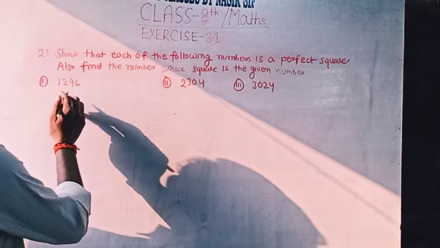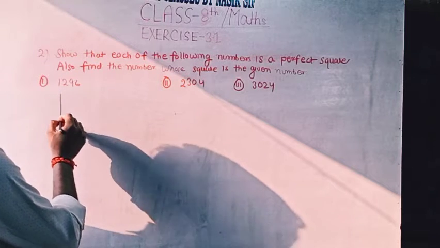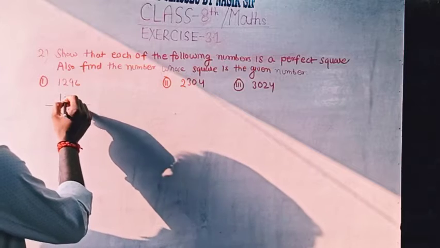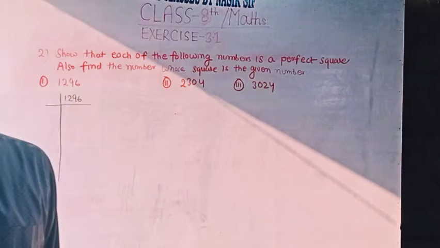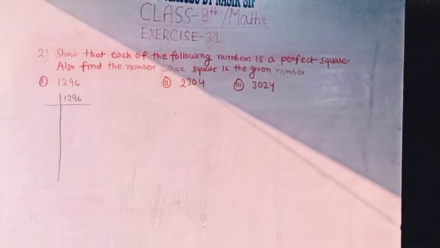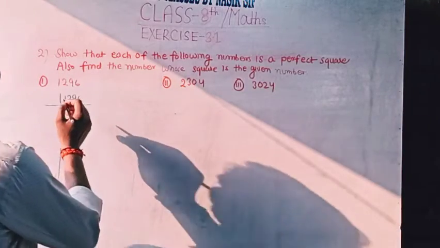The first number given is 1296. First we have to find its prime factors using the prime factorization method.